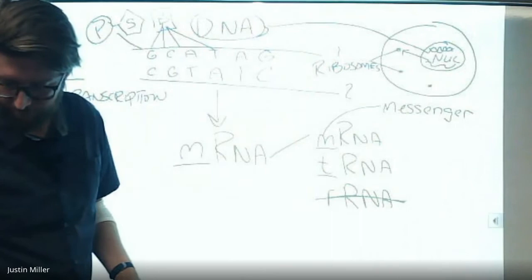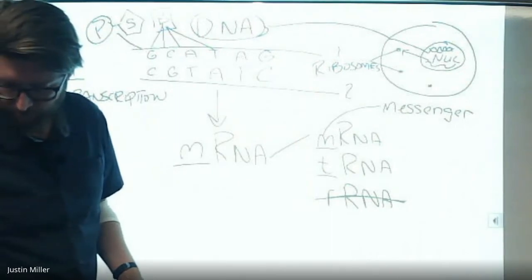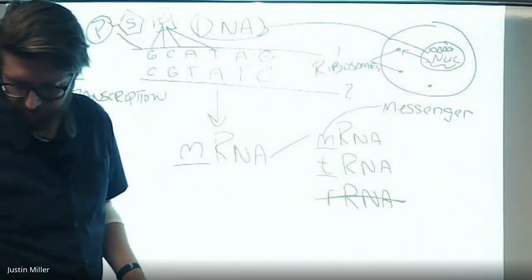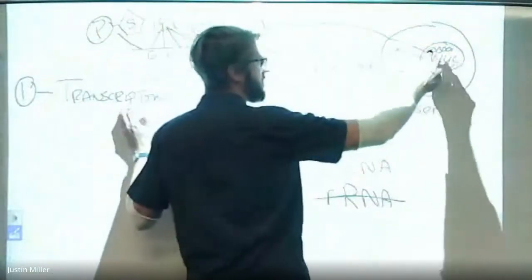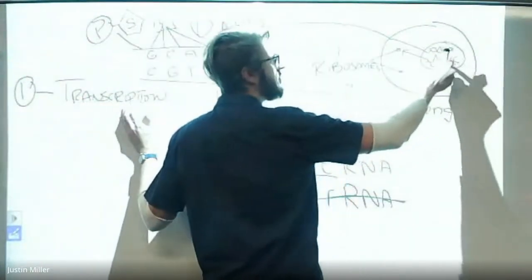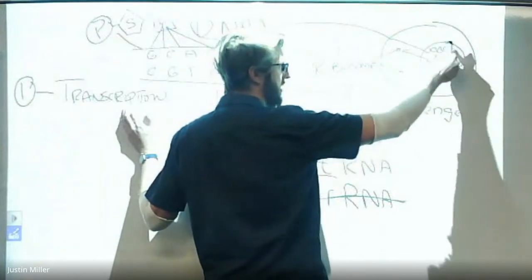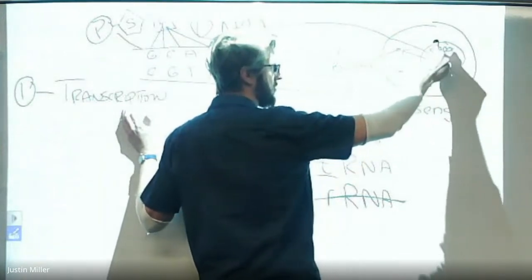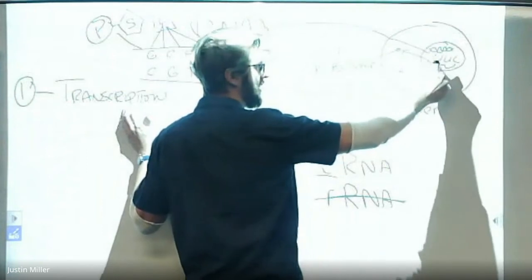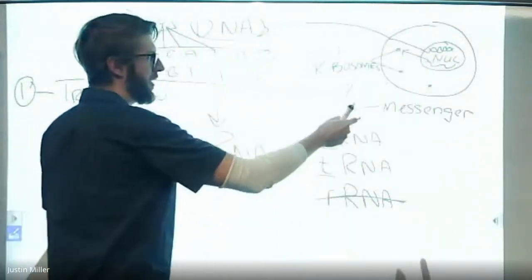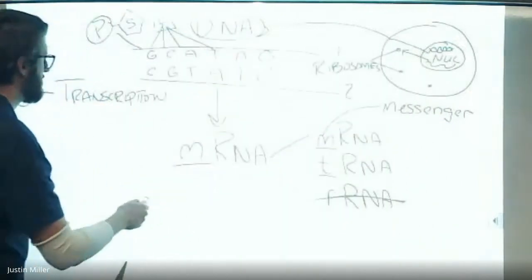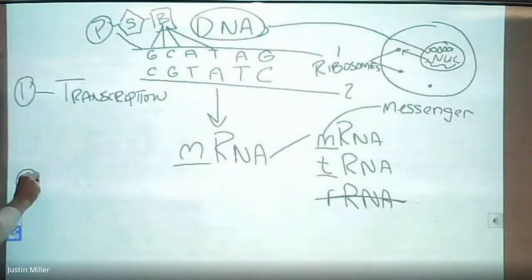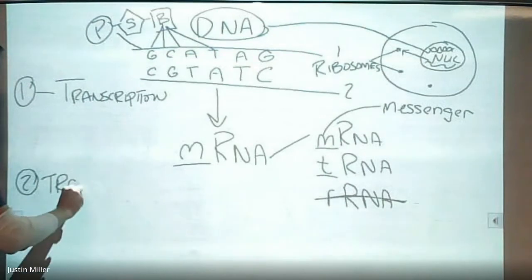And once again, that's called transcription. So transcription is what this is called, and it happens inside the nucleus. Okay, that's rewriting DNA into a strand of messenger RNA. Now that messenger RNA is then going to deliver it to the ribosomes to create the protein, and that's what we call translation.